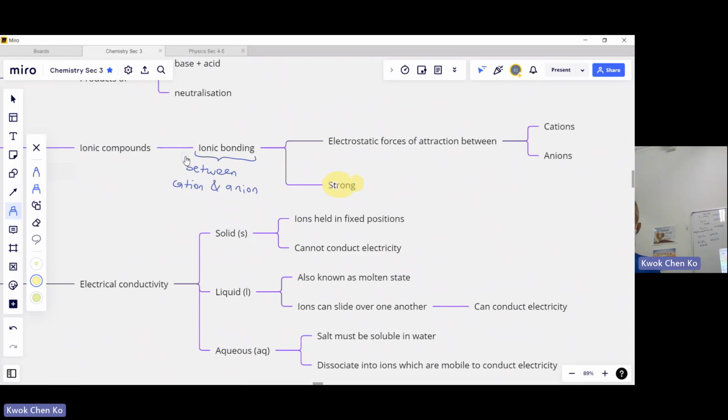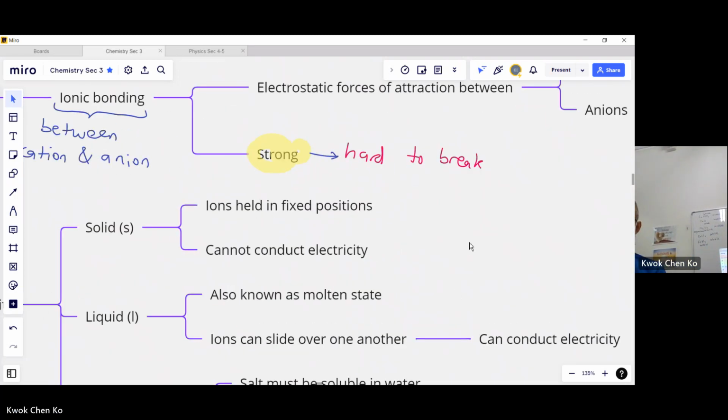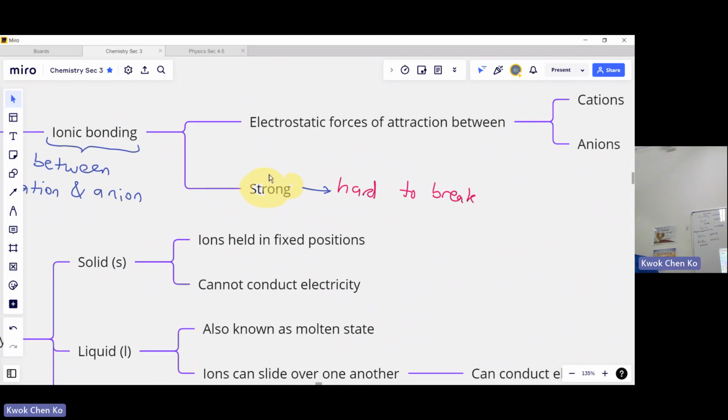Let me just write for you because they can ask this. Strong means hard to break. So salts, the bonding in salts are hard to break. Okay, ionic bonding are strong, hard to break.